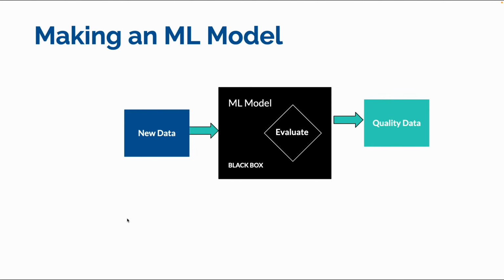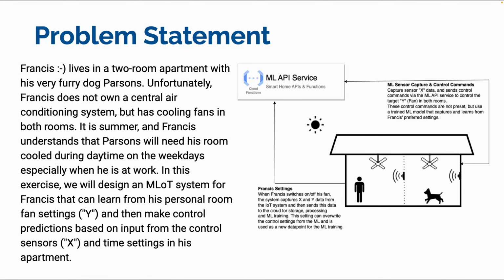Let us go back to our problem statement. In our problem statement, we will be deploying our ML model in this ML API service so that once the sensor value changes, or maybe after a particular time, it calls our ML API service and asks, what should my value be?